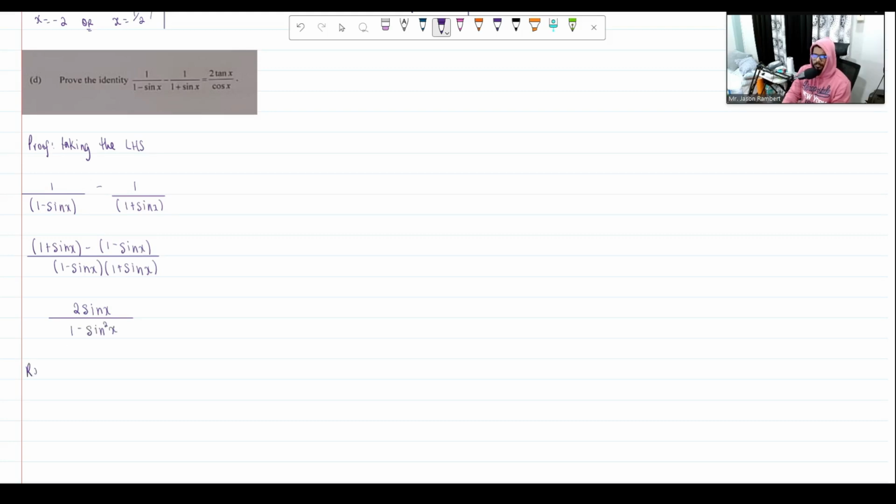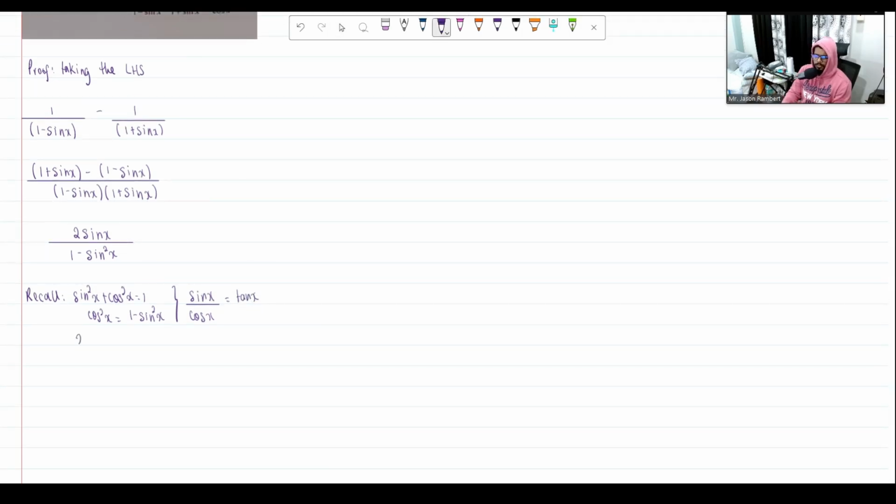I'll recall, this is my recall line. Sine squared x plus cos squared x is 1. Cos squared x is 1 minus sine squared x. And I'm also going to recall that sine x over cos x is equal to tan x.